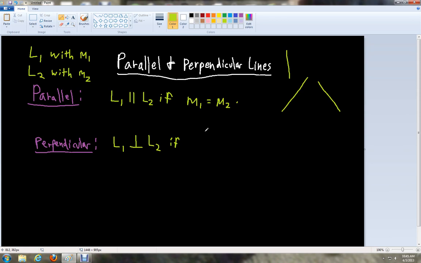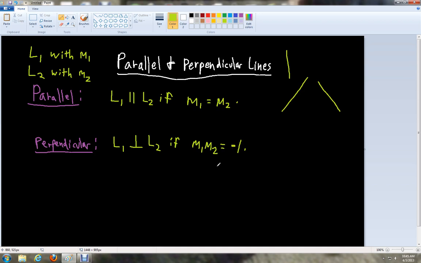and the equation is a little different for perpendicular. You have to say that M1 times M2, these two slopes multiply together, they have to equal -1. So that has to be true: when you multiply the two slopes together, M1 M2, you always have to equal -1.